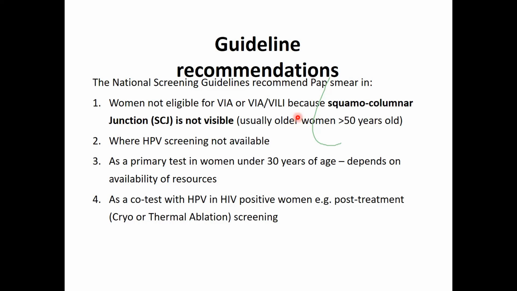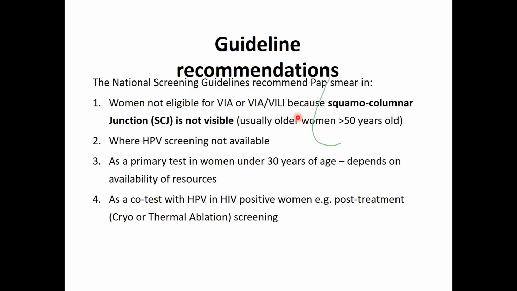And we know VIA, we need to take between the age of 25 to 49. So if we have this age cohort for the HIV positive, who are 18 years to 25 years, they are at high risk of getting this infection. We need also to take some samples for pap smear so that we can screen them.